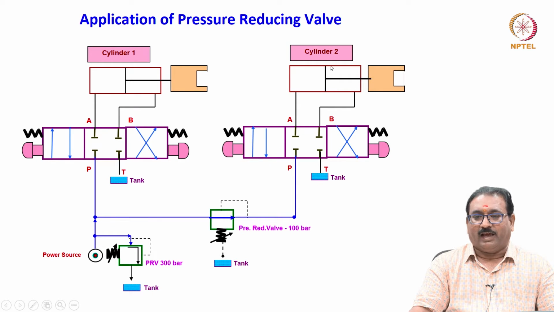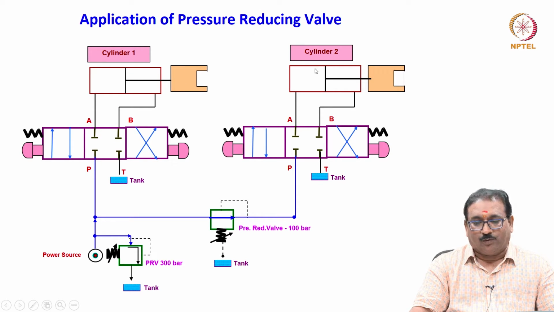Then as long as the pressure is below 100 bar, cylinder 2 and cylinder 1 both receive the flow. After reaching the destination, the pressure starts building here. Then what happens once it crosses 100 bar? This will close. Still cylinder 1 is receiving the flow from this. Then it will do the complete task.